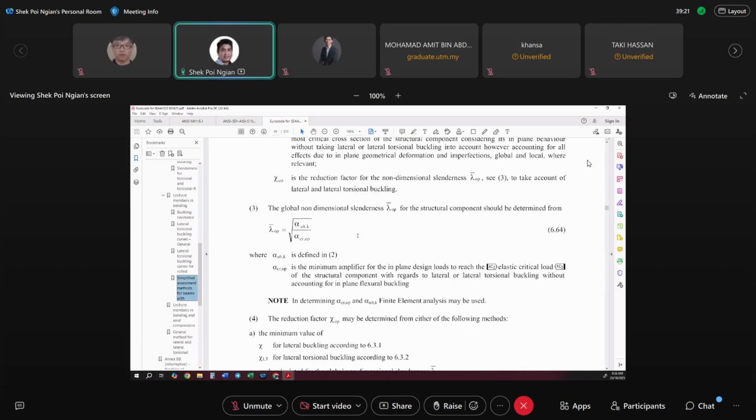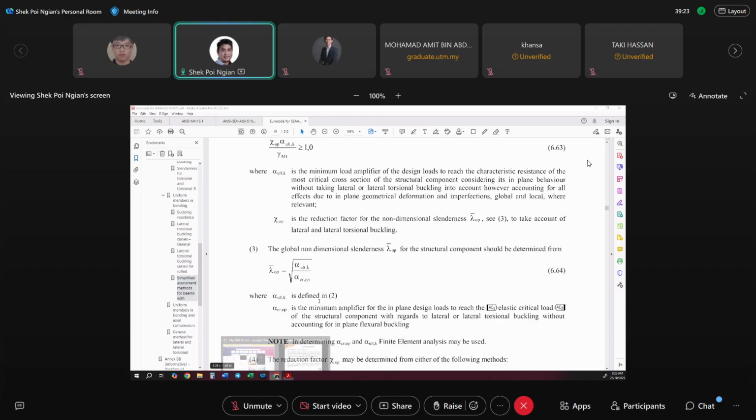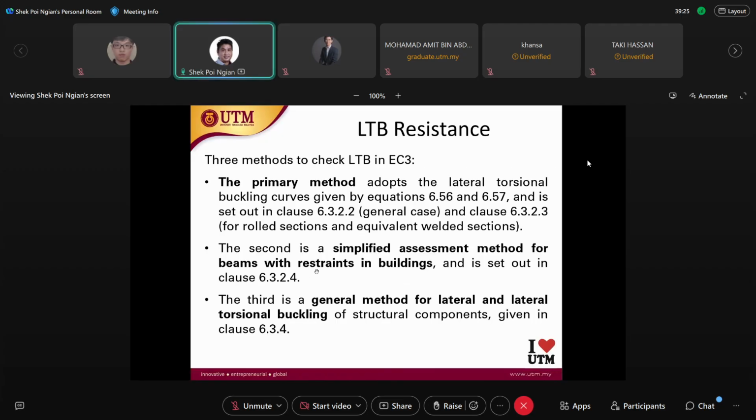So we have three methods to check lateral torsional buckling according to EC3.